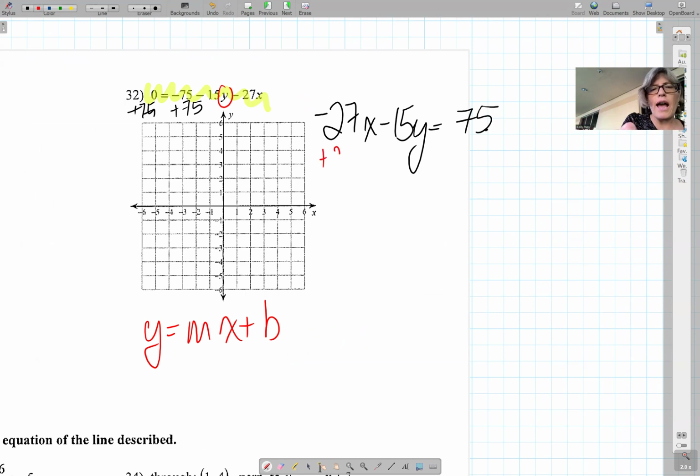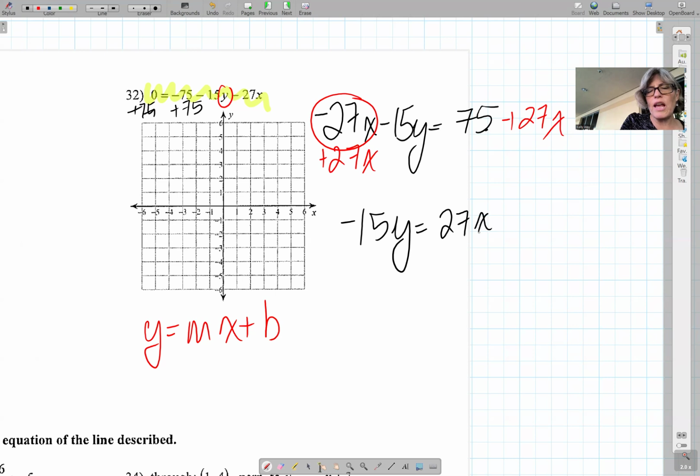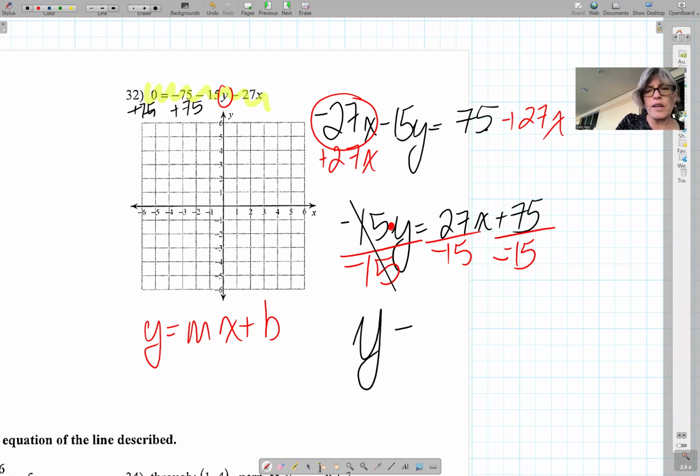Then I'm going to get rid of the x term by moving it to both sides. So I have negative 15y equals 27x plus 75. The opposite of multiplying is dividing. And we have y equals: 3 goes in there 9 times, and 3 goes in there 5 times, and it's negative, which means our line's going to go down from left to right.